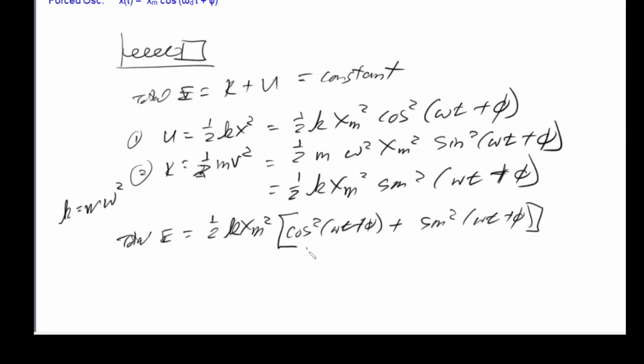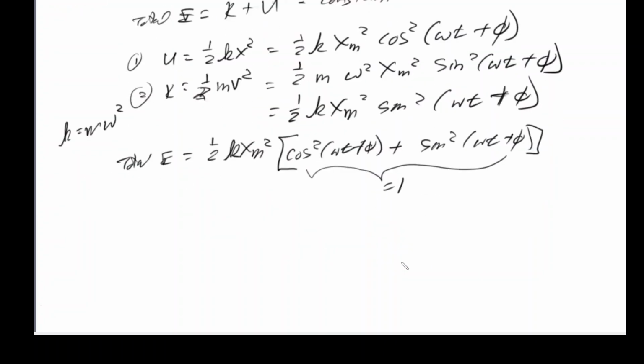And guess what? This turns out to be equal to 1. So our total energy becomes 1/2 k xm squared. And this is a constant.